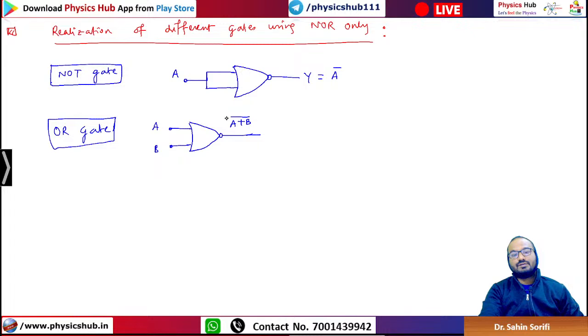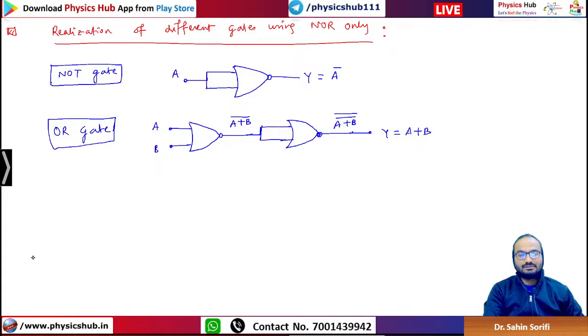Now, what you require, you just need to remove this complement. If you make it pass through another NOR gate, (A plus B) complement, and this bubble makes it (A plus B) complement complement. So, that is y is equal to A plus B, OR gate is done.